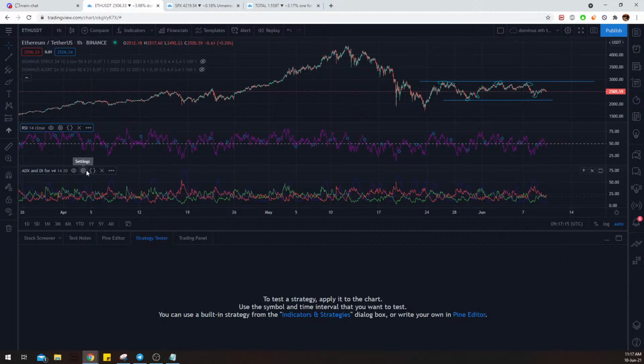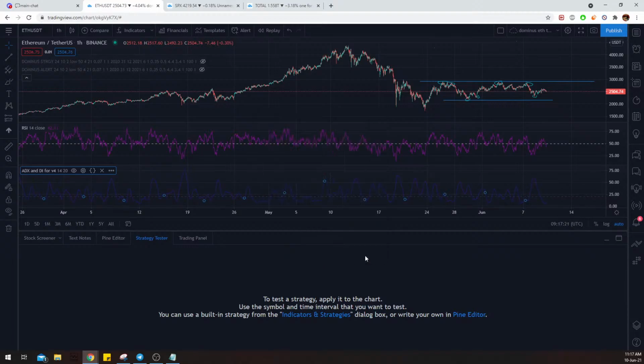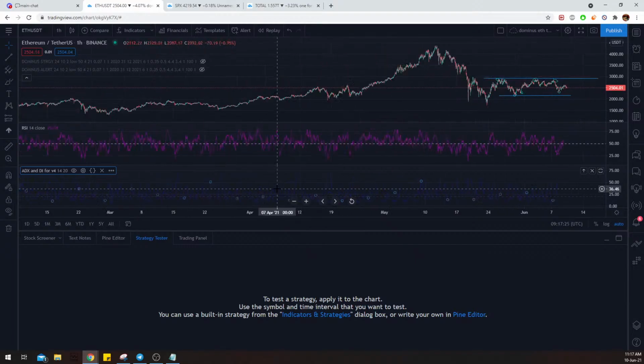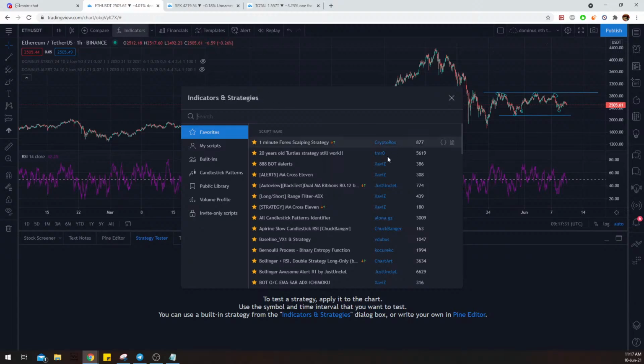In the case of ADX, what I'm looking for is going to be the ADX only. But how do I use it actually? Because now it's a little bit weird.